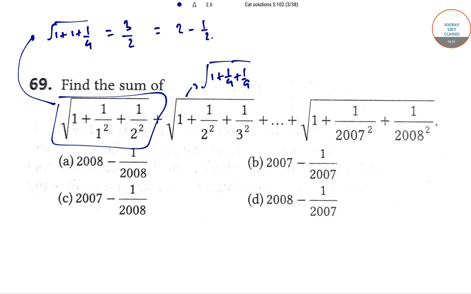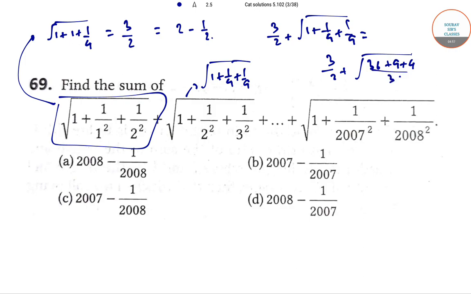So the sum of first two terms is actually 3 by 2 plus root over 1 plus 1 by 4 plus 1 by 9, which is equal to 3 by 2 plus root over 36 plus 9 plus 4 by 36, that is equal to 3 by 2 plus 7 by 6, is equal to 8 by 3, that is 3 minus 1 by 3.